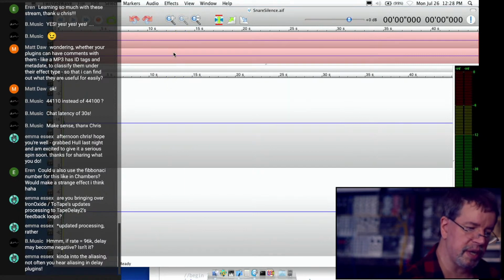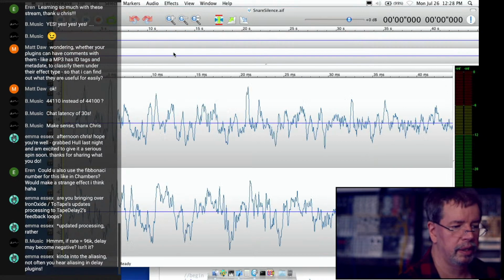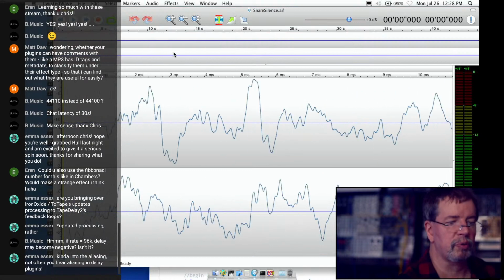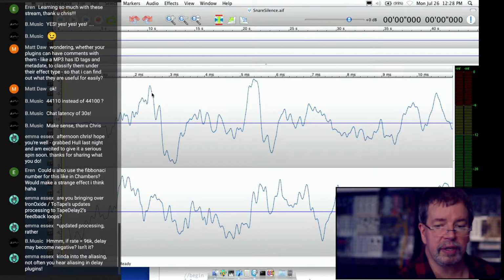Like, let's say, here's what the waveform normally looks like. But what it would be is, you know, like this sample and then a bunch of 0, and then this sample and then a bunch of 0, and then this sample and then a bunch of 0. What I need to do is keep track of it so that it can interpolate between the samples when they're being recorded at very high sample rates.